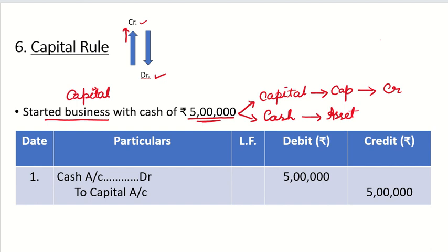And second is cash. Cash is coming into the business, so cash is increasing, which means the asset is increasing. To record the increase in the asset, we are going to debit the asset account, because the asset rule says that for an increase we debit it. So the asset account will be debited and the capital account will be credited. Fine. So the entry will be cash account debit to capital account, rupees 5 lakh.